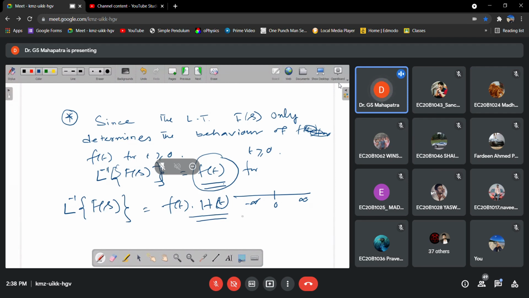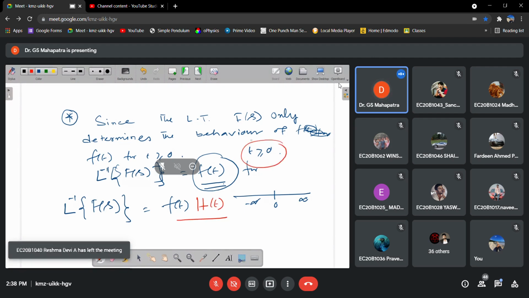So we are multiplying the function f(t) with the Heaviside function h(t). If you multiply it, then you no need to write the domain.